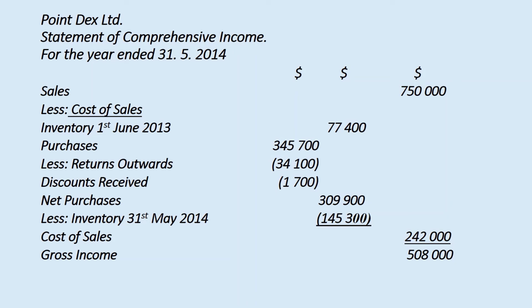508,000. I will do it in two slides, so the other part coming after the profit and loss section follows immediately. Other income, 35,000. The total gross income, when we add the other income to the gross income, we will get 543,000.